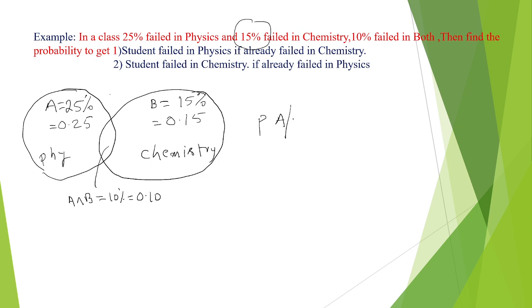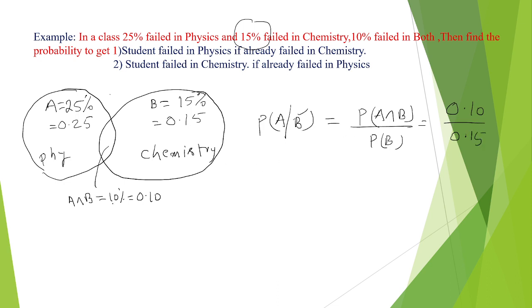If we select a student who failed in physics, if already failed in chemistry, that is equal to the common area P of A intersection B divided by the already failed probability in B, that is chemistry. So the common area probability is 0.10 divided by the already failed probability in chemistry, that is B, which is 0.15.